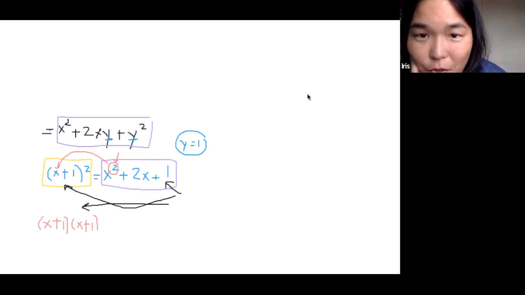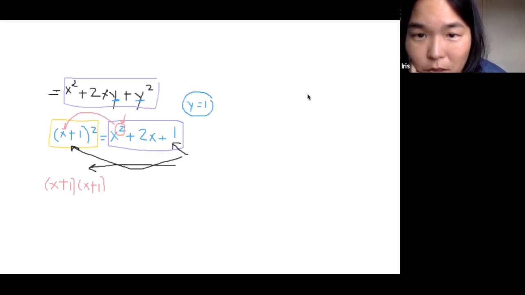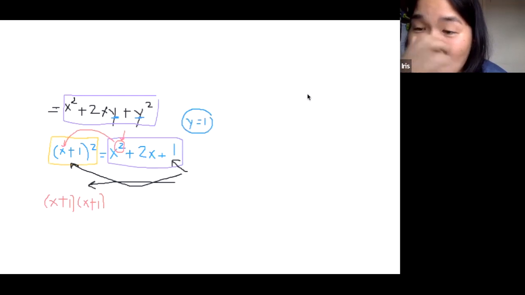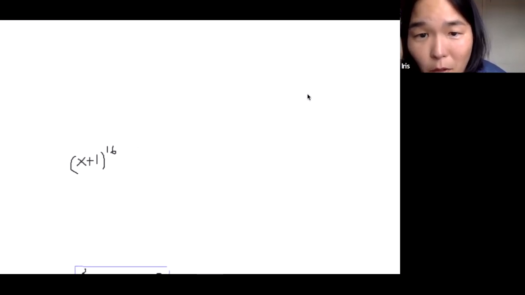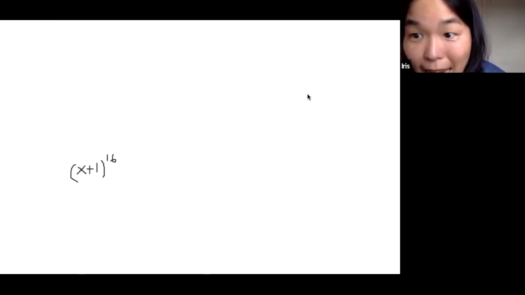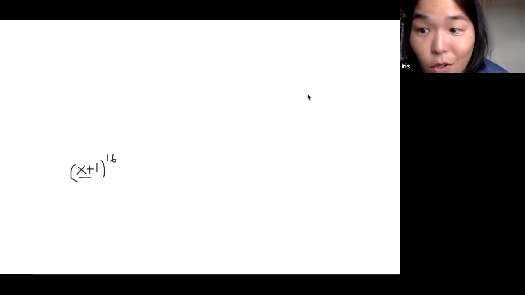If you say, hey, this is my polynomial, x plus 1 to the power 16, this is already factored as much as possible, because I can't break x plus 1 into anything smaller.